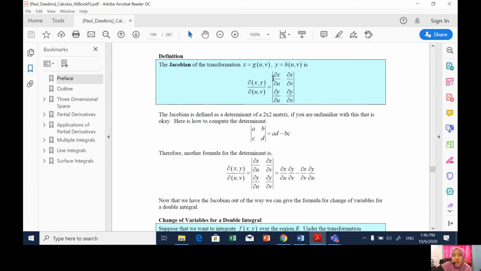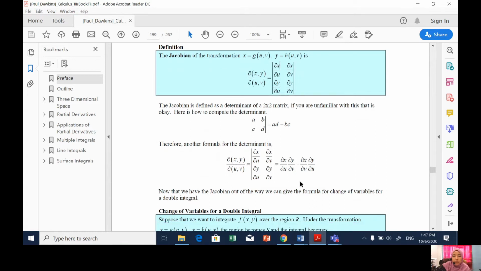We are supposed to find the partial derivatives and then find the product of the diagonal entries. When we expand this determinant into partial derivatives, the expansion is the product of x differentiated with respect to u times y differentiated with respect to v, minus x differentiated with respect to v times y differentiated with respect to u.